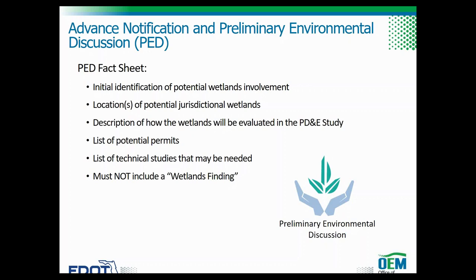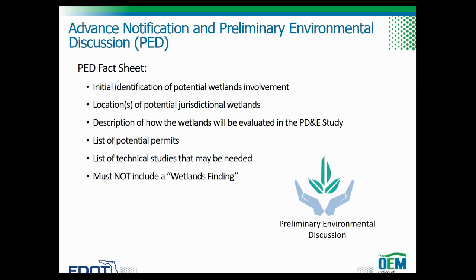The PED should also identify the location of potential jurisdictional wetlands as defined by FDEP, Water Management District, and the Corps, and provide a description of how the wetlands will be evaluated in the PD&E study.